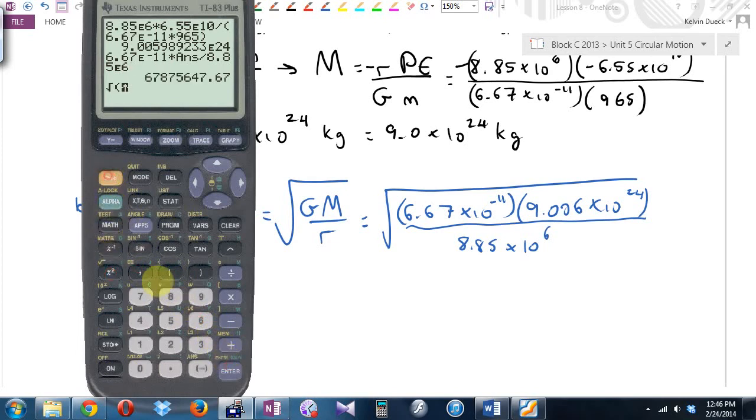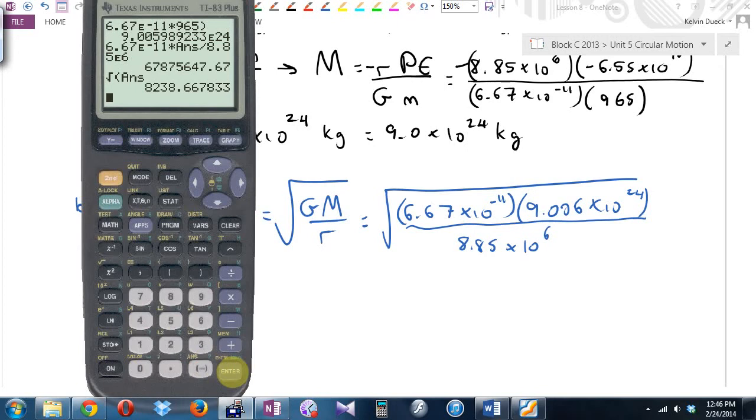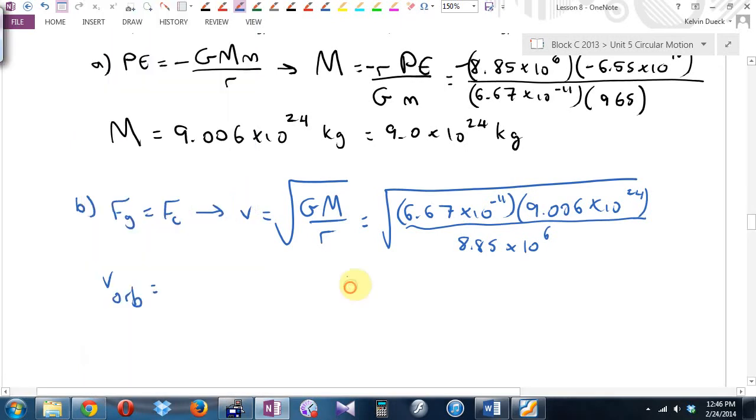Square root of that. That seems about right. Our speeds have often been in the thousands or tens of thousands. 8,240 meters per second.